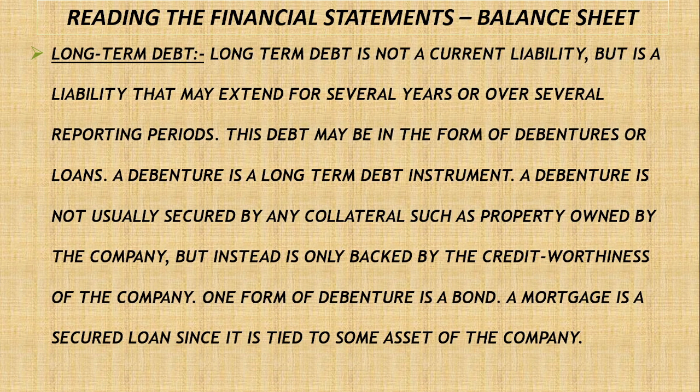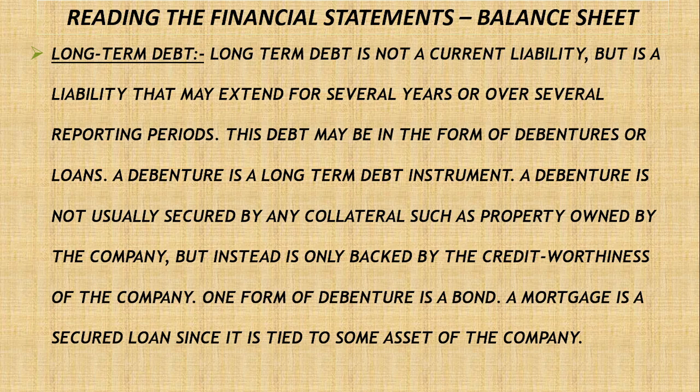Long-term debt. Long-term debt is not a current liability, but it is a liability that may extend from more than 1 year to several years or over several reporting periods, as the case may be. This debt may be in the form of debentures or loans. A debenture is a long-term debt instrument.